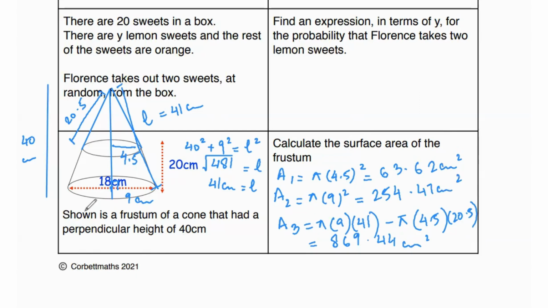So now to find the total surface area of the frustum, that's going to be the sum of A1, A2, and A3. So 63.62 plus 254.47 plus 869.44, and that's going to give us 1187.53 centimeters squared. That is the total surface area.